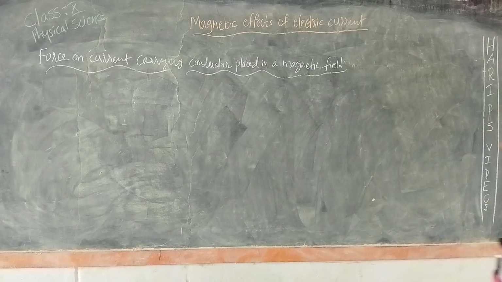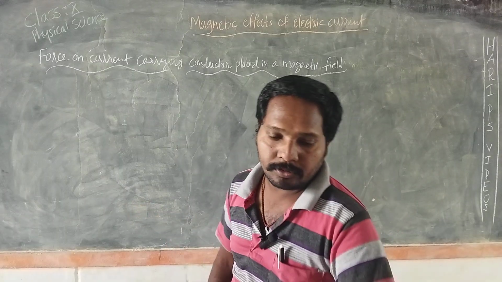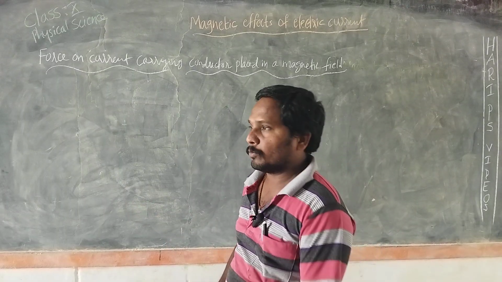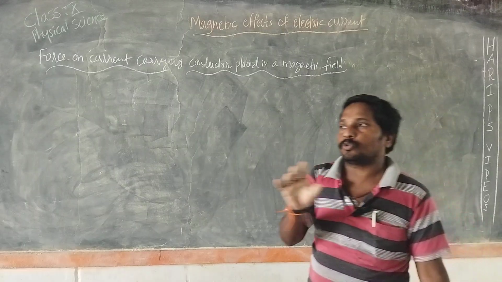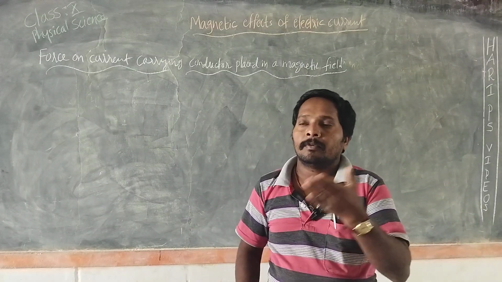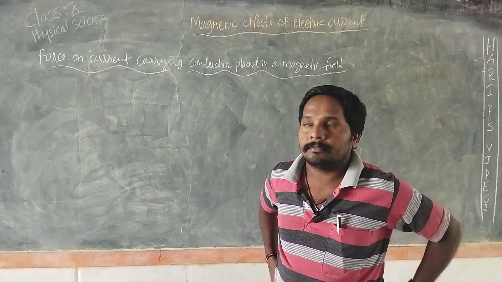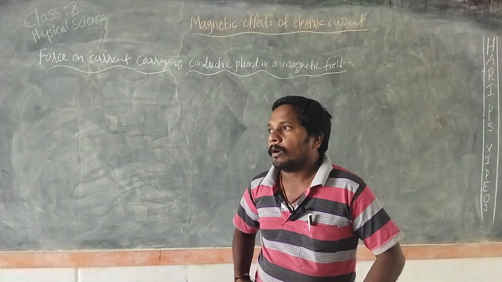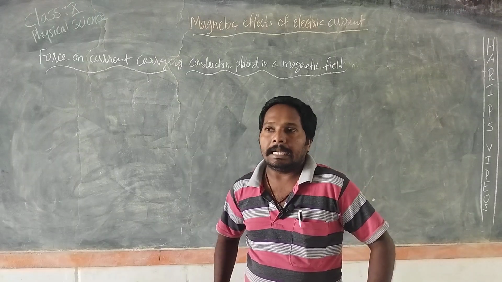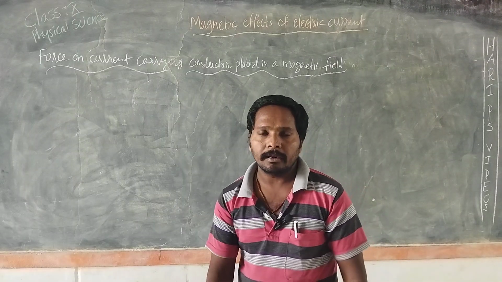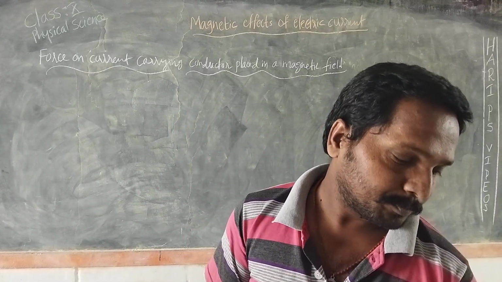Okay, let us discuss. Up to what we discussed, from the introduction to magnetism in the human body, it is related to how a current carrying conductor or wire produces a magnetic field.